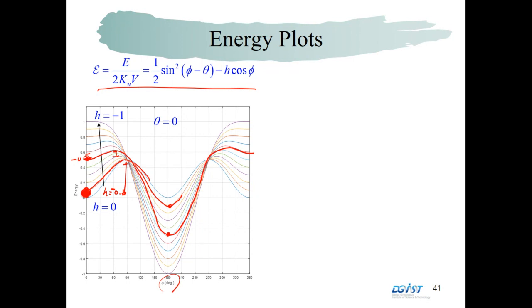So we get a smaller and smaller barrier when we increase the external field. Even at H of minus 0.9, the barrier is small, but still finite. Eventually, when H is minus 1, they fall down to here. The switching occurs. This is the case when theta is 0.